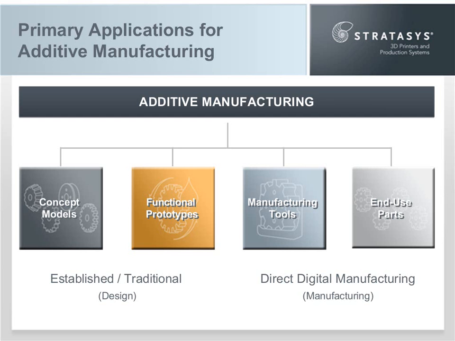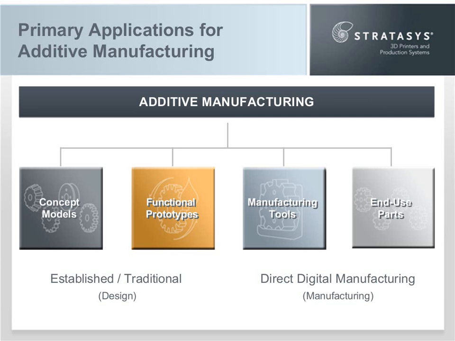This is basically the initial models or prototypes used when product concepts are being discussed. The second one is functional prototyping. Typically, these are parts used to test form, fit, and function, and to prove some of the product for performance or manufacturability. The requirements are a little more strenuous with this application, but still pretty basic.